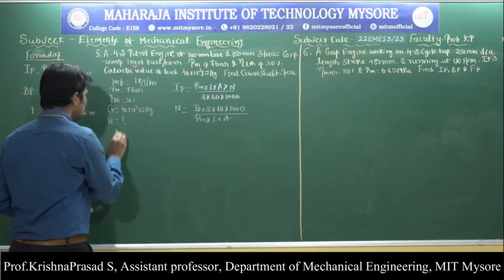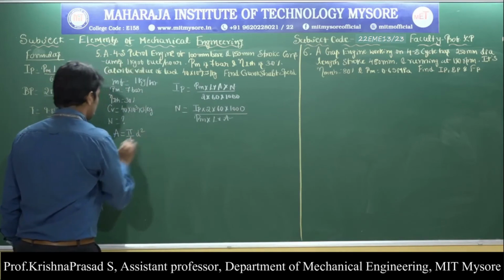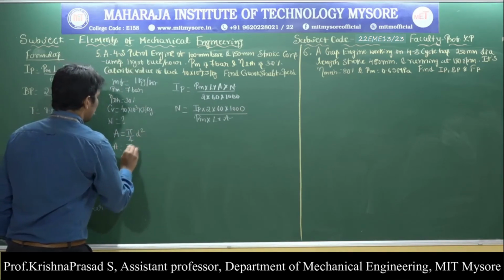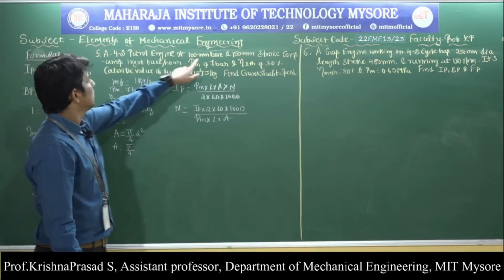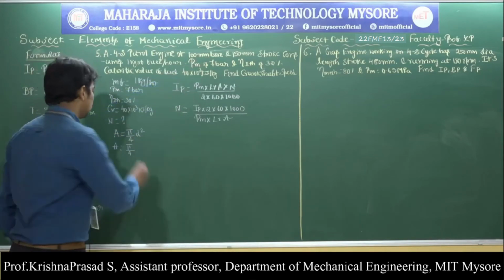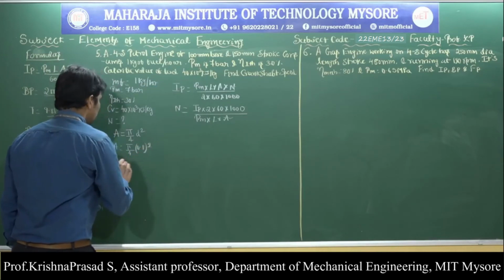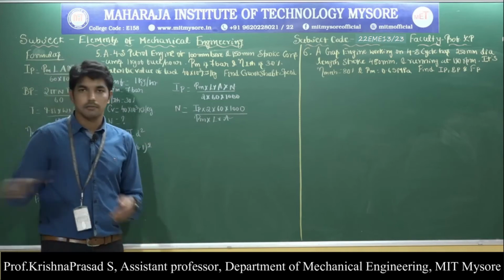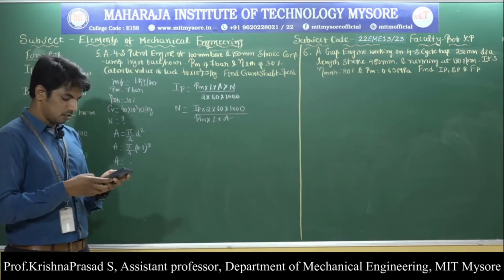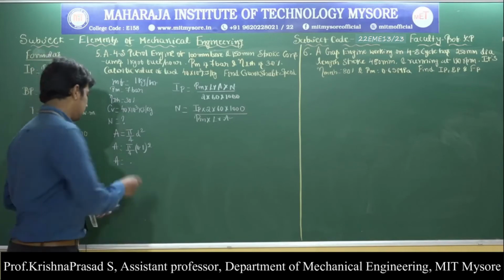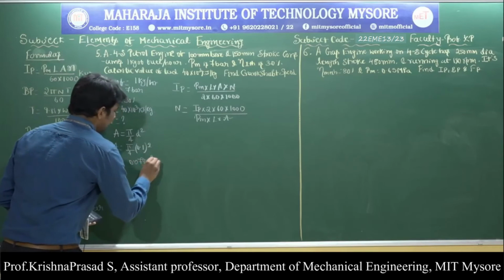Area is equal to pi by 4 into d square. What is the value of diameter? Here it is a 100 millimeter bore, that is 0.1, so the area is 0.1 squared into pi divided by 4, that is 0.078 meter square.